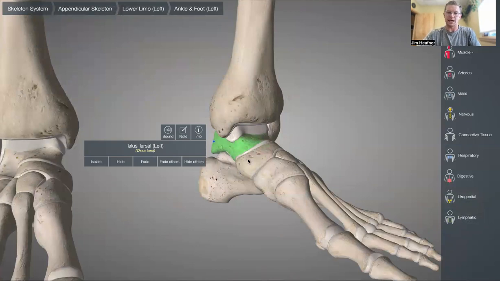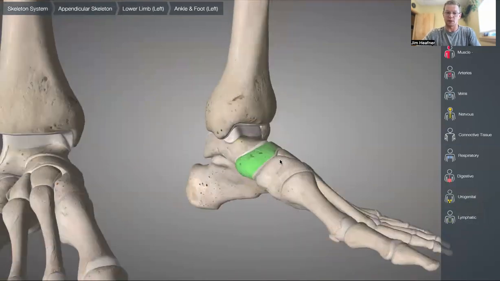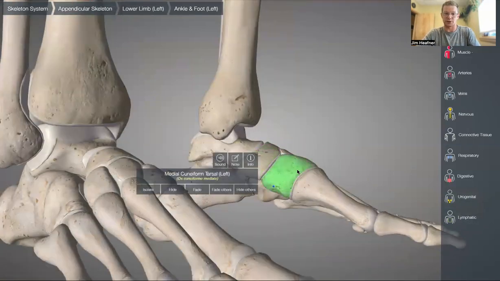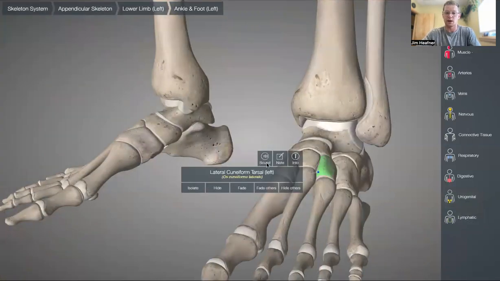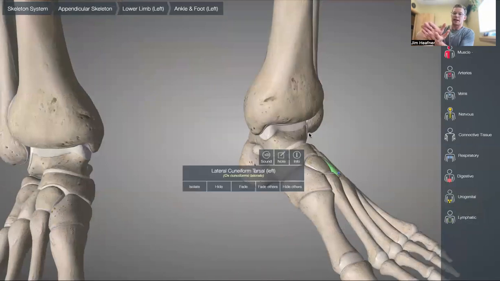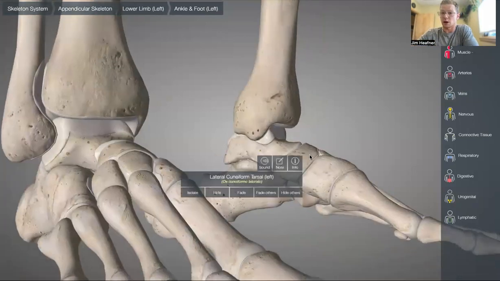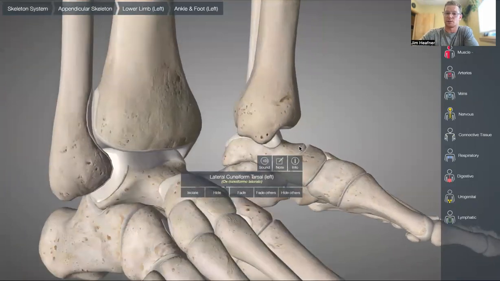So as the talus meets with the navicular bone, and as that translates into the cuneiforms, so medial, intermediate, and lateral cuneiform, as those things happen, as your foot meets the ground, that's where pronation and then supination needs to happen. And that is largely the structure of the arch as well, and that's why these connections are important.